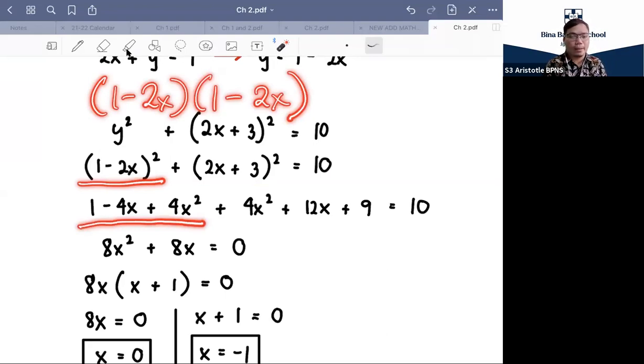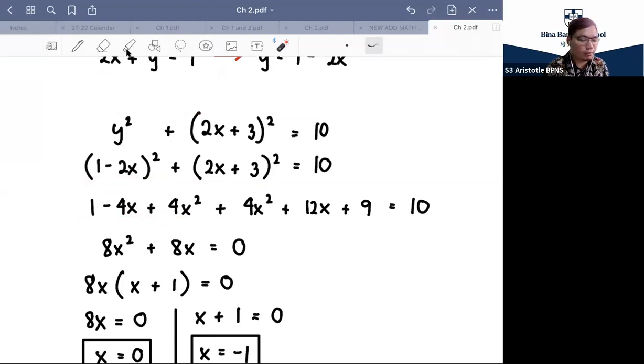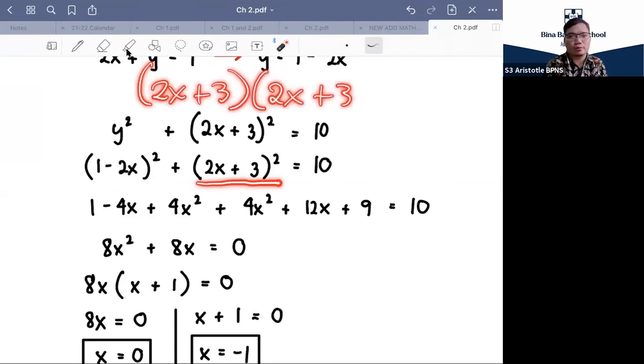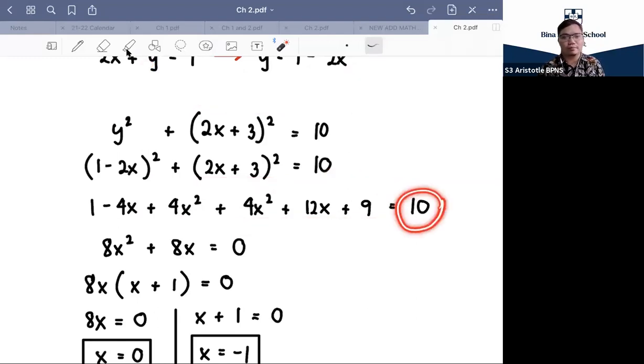For the second one, (2x plus 3) squared, it's the same: (2x plus 3) times (2x plus 3). Once you answer that, you will get 4x squared plus 12x plus 9. And of course, bring down the 10, so it equals 10.